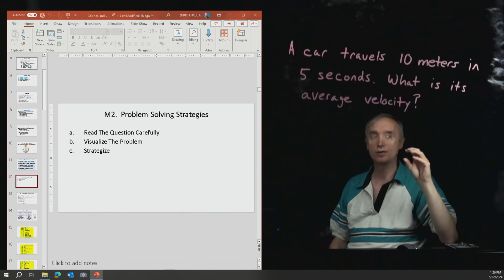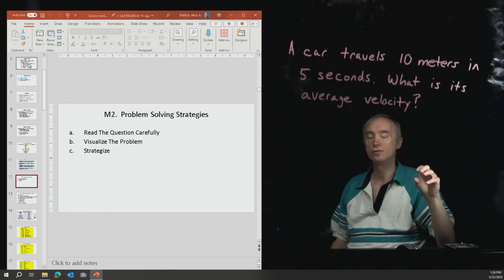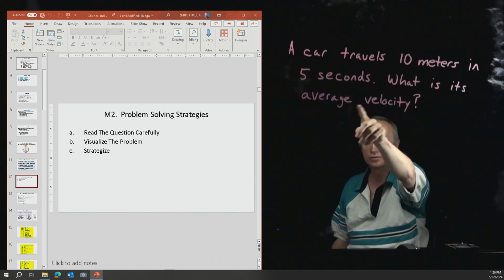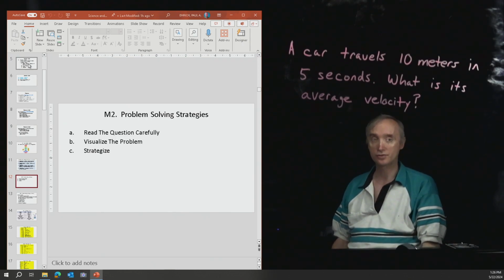So if you see that word feet, you know that you're going to need to change that into official metric units if you want the average velocity to be in official metric units.